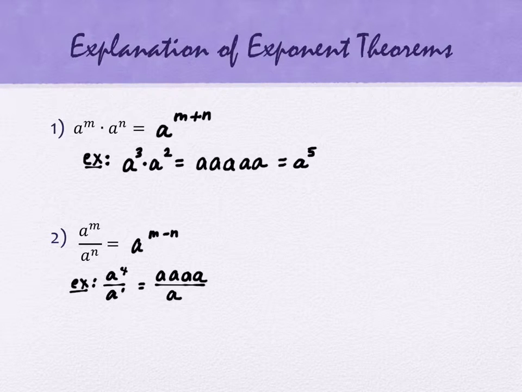This is division, right? So we can reduce common factors with division. The phrase you probably wanted to use was cancel out, right? You can cancel them out, divide them out to 1. And I'm left with 3 a's. And again, how do I get from 4 and 1 to 3? I subtract.